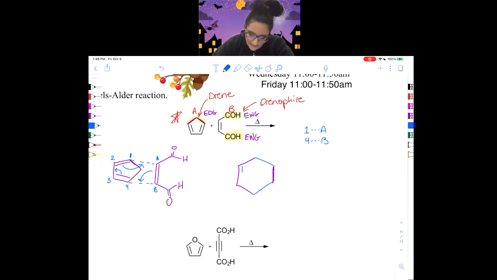And we know that we have a new double bond here, right? But we had a whole bunch of substituents. So let me number: this was 1, 2, 3, 4. This was A and this was B. So off of A and B, we have an aldehyde on each. So it will look like this.